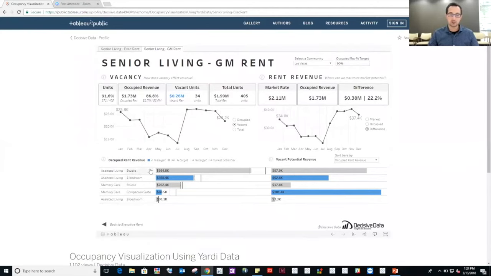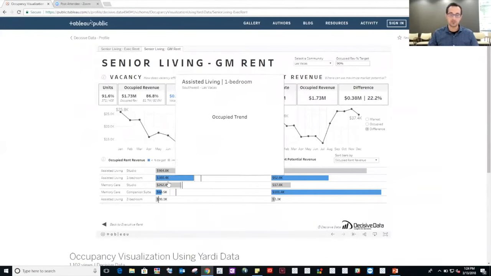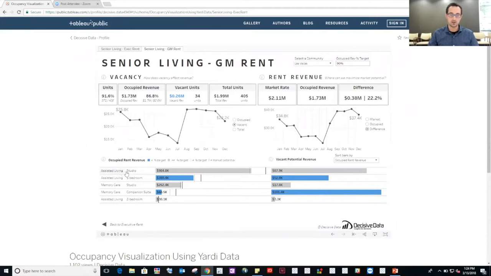If we look down at the bottom of this dashboard, specifically at the visualization with bars, we can see that instead of looking at communities, we're actually looking at care levels to the far left and unit types at a given community.